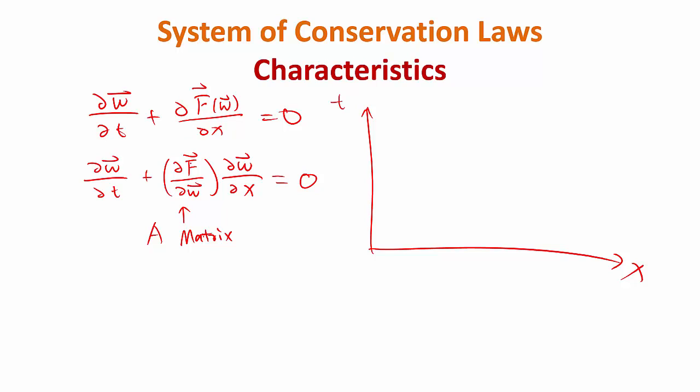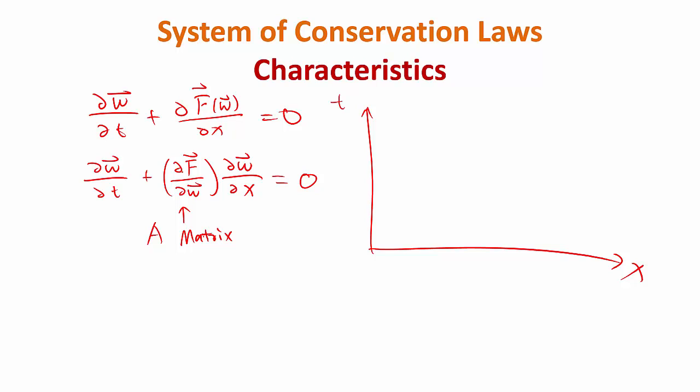That means each component of w only influences the corresponding f, the f that corresponds to the same equation that solves for that component of w. Which means it's basically a collection of scalar conservation laws. Each variable doesn't affect the flux of other variables.